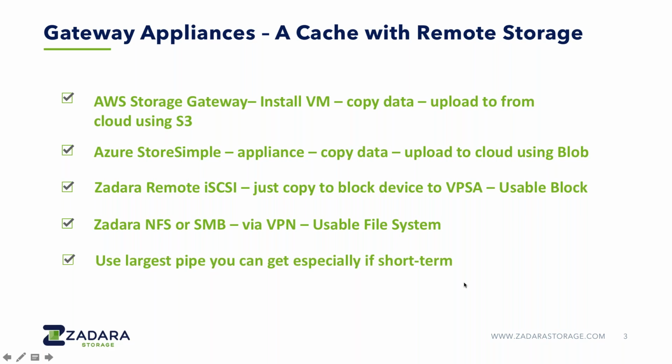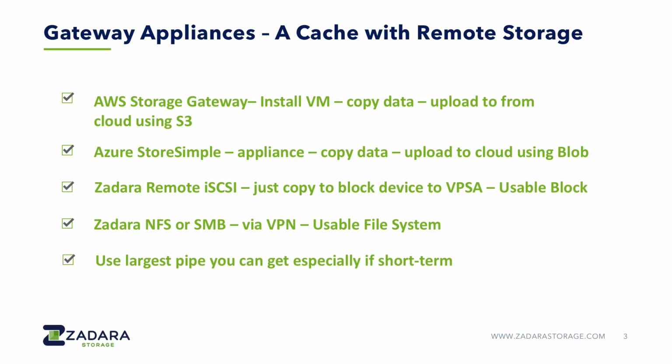So let's go over what the two cases are, and the first case is going to be a gateway appliance. If you look at a gateway appliance, that's just basically a cache with remote storage. The storage gateway that AWS provides you is simply a VM that you would run on one of your servers, and then you just copy your data, and the data is moved from on-premise into the cloud.